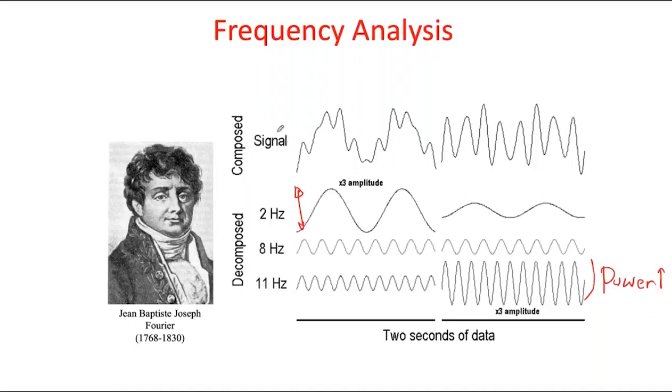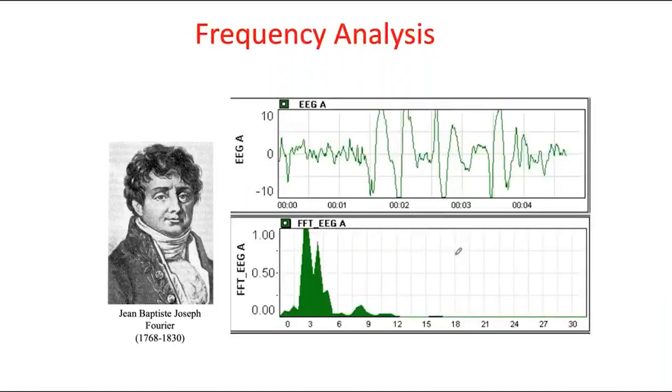So what we do with the EEG signal is decompose it into frequencies and the power or amplitude of those frequencies. And then we apply what we call a fast Fourier transform, to get what we call a power spectrum. What does it mean? This is the EEG signal. And here we have the different frequencies.